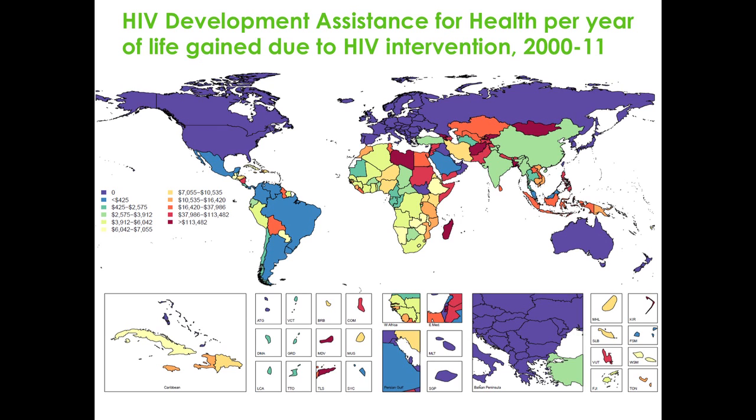But in Africa, where much of the funding, but certainly not all, is coming from development assistance for health, you find numbers that are actually pretty attractive, ranging from $3,000 or $4,000 per year of life lived to somewhere around $10,000 per year of life lived. There are some extreme outliers, somewhere around about $1 million per year of life added in Afghanistan. And you can trace some of the history of some of the programs and understand why that might be.